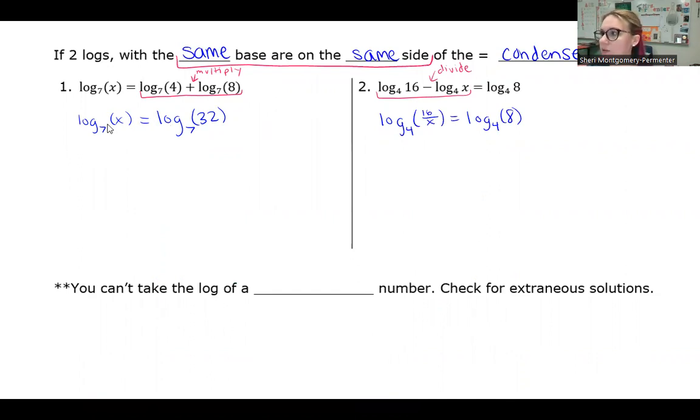I've got 1 log equals 1 log. I'm 1 to 1, so I can cancel. Easy peasy, right?